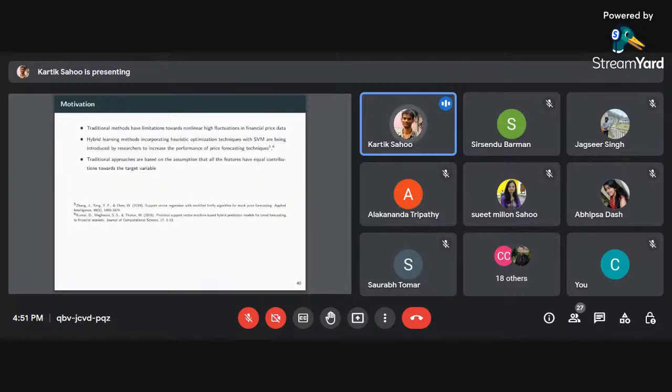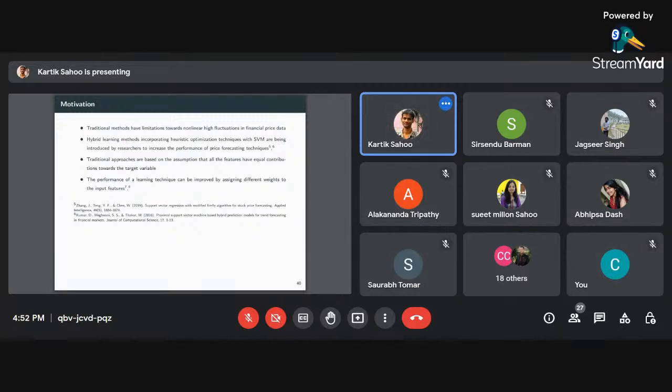Similarly, the traditional approaches are based on the assumption that we take all the features and give them to the machine learning algorithm, and the assumption is that everyone is contributing equally. But that's not true. Sometimes some less relevant features are added. So we need to discard them using feature engineering. That is what hybrid learning algorithms can do.